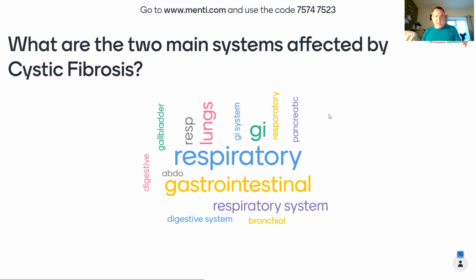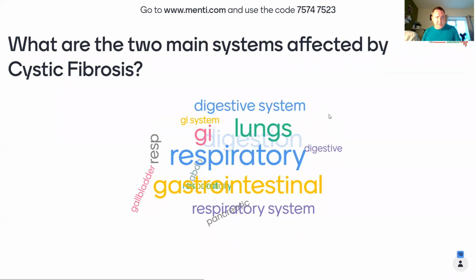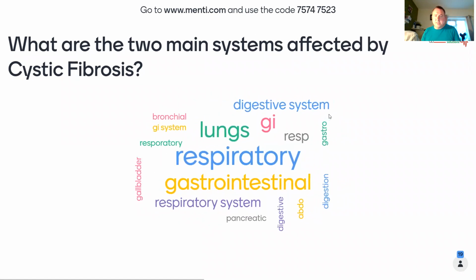So respiratory and gastrointestinal, most of you going for that. Digestive system, lungs, GI. Nobody's getting it wrong. Gallbladder particularly, absolutely well done. Gallbladder and pancreas. Not so much the renal system. All systems are affected by cystic fibrosis to a certain extent, but the main systems are the respiratory and gastrointestinal, as people are going for there. Very well done.